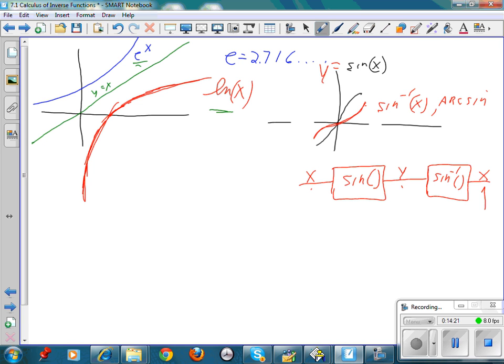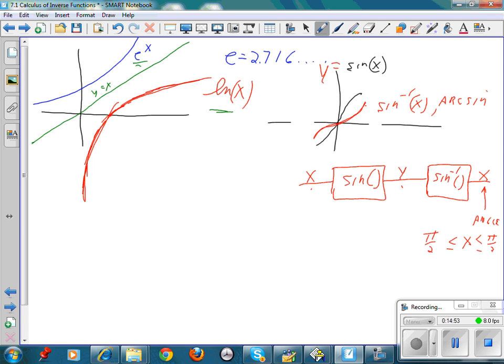So remember, this is an angle. When you think about it, if it's in radians, it's going to give you an angle somewhere between pi over 2 and minus pi over 2. That would be the range of the inverse sine.